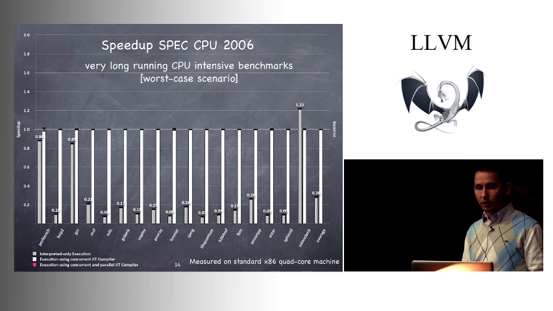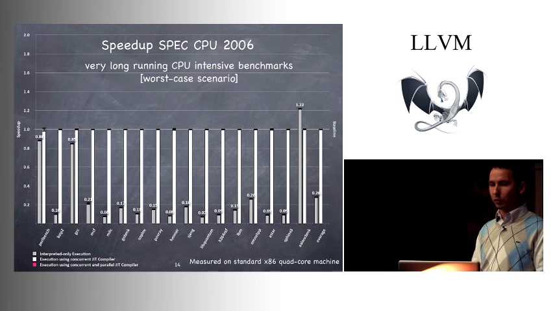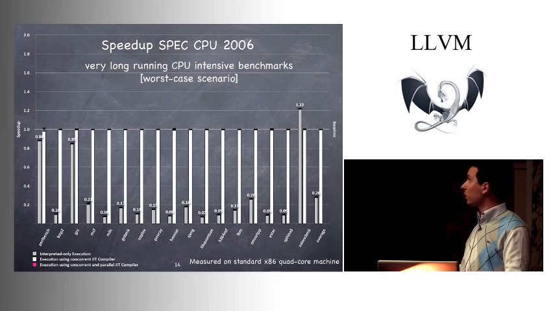So in here, SPEC CPU is actually a good example. These are all CPU intensive benchmarks where JIT compilation time only contributes a marginal fraction to the overall execution time.